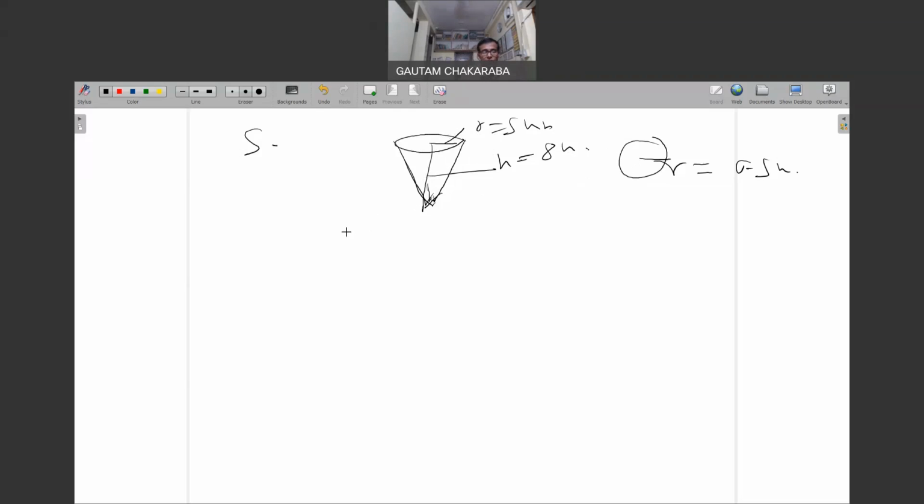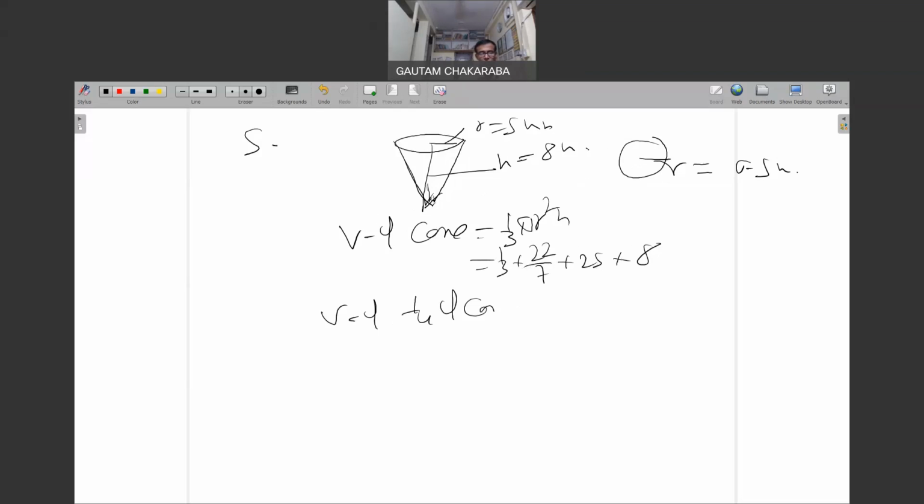So you find volume of cone: 1/3 pi r square is 1/3, 22/7, r is 5 square 25, height is 8. Volume of 1/4 of cone is 1/4 into 1/3, 22/7, into 25 into 8. Now you simplify 4 to the 8.